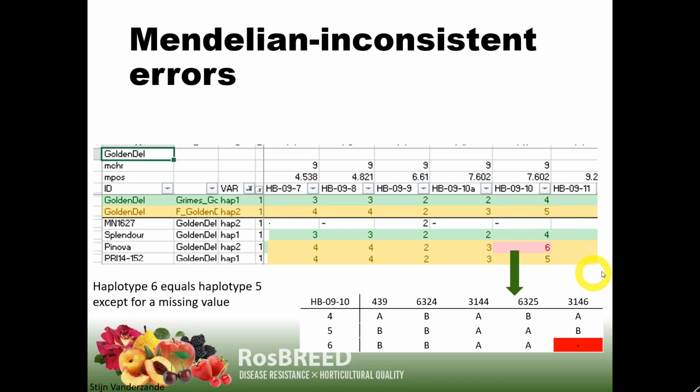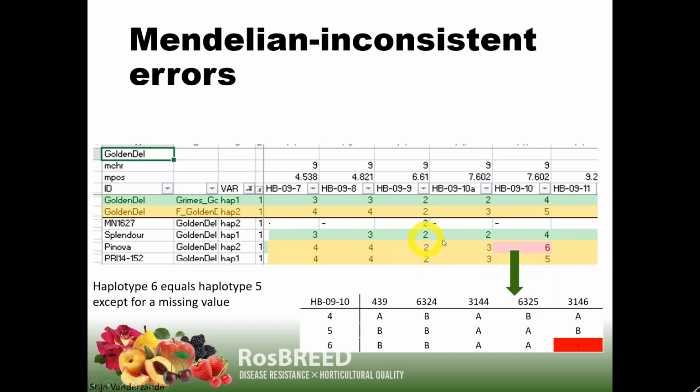And so when we look at what 4, 5, and 6 mean, SNP allele-wise, we can see that actually 5 and 6 are identical, except for this allele. In the 6 it's missing, and in 5 it's a B. Now, I've also colored this file a bit, where I colored the top line of Golden Delicious as green, and the second line, the second haplotype of Golden Delicious, as yellow, and then I can also color the individuals based on which one they inherited.